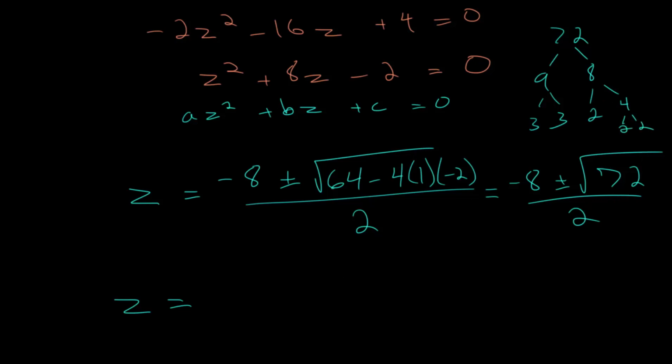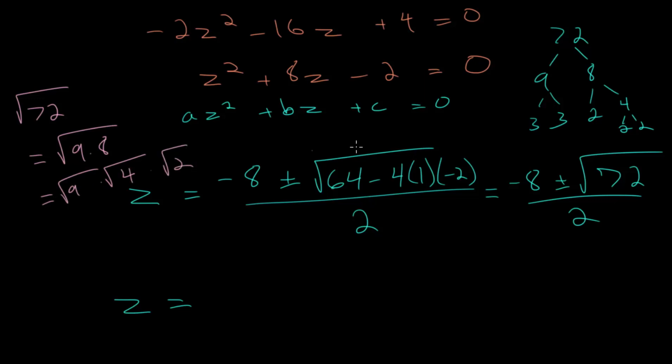So we can separate this and simplify it, since we do have perfect squares under here. This would be root of 9 times 8, or the square root of 9 multiplied by the square root of 4 multiplied by root 2. And we separate it like this because we can actually find square roots of 9 and 4.